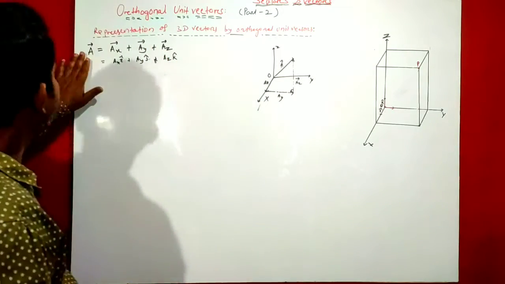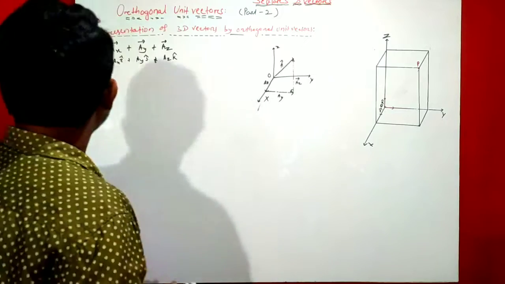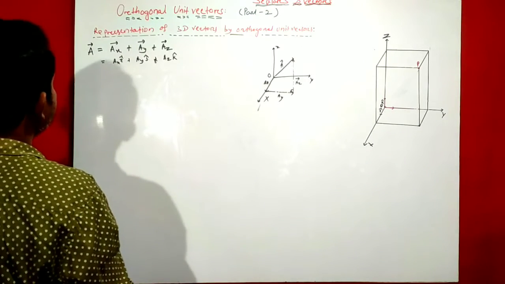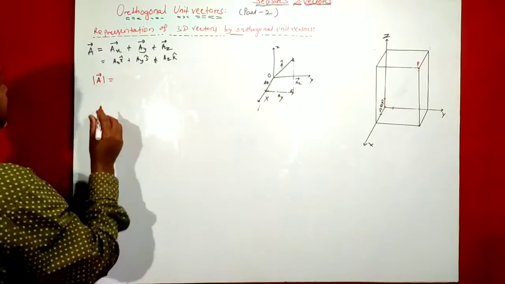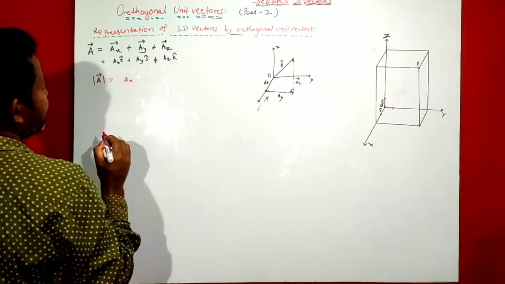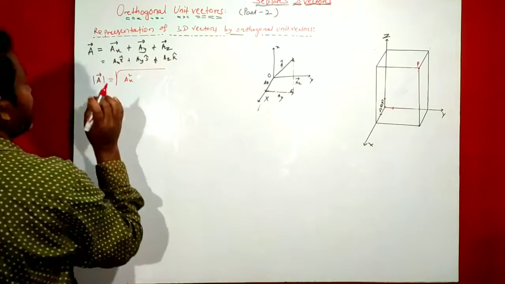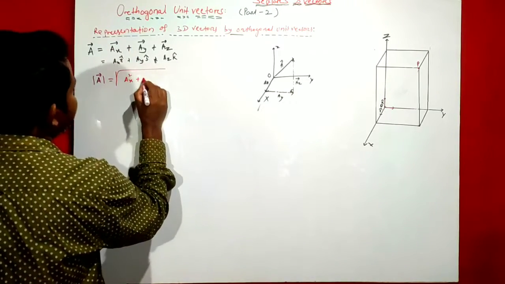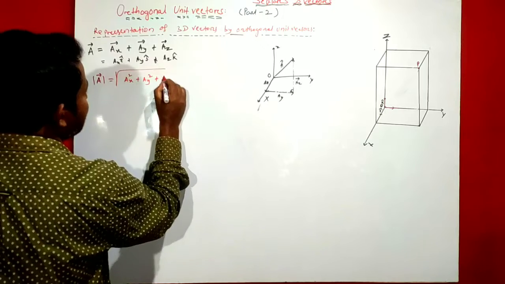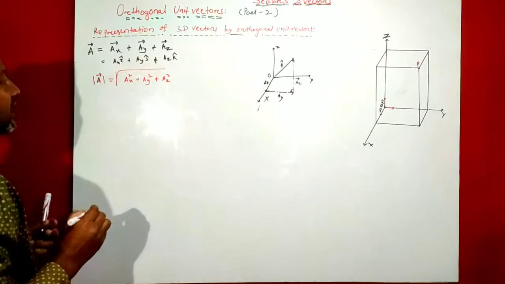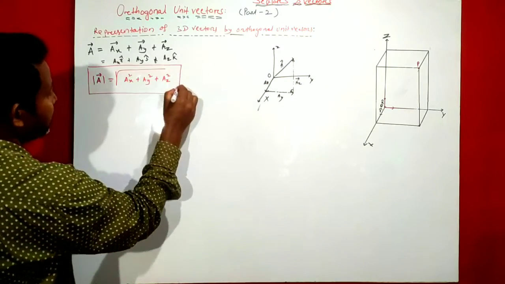The magnitude of A is equal to the square root of the square of the magnitude of the ax component, plus the square of the magnitude of the ay component, plus the square of the magnitude of the az component. This is our magnitude.